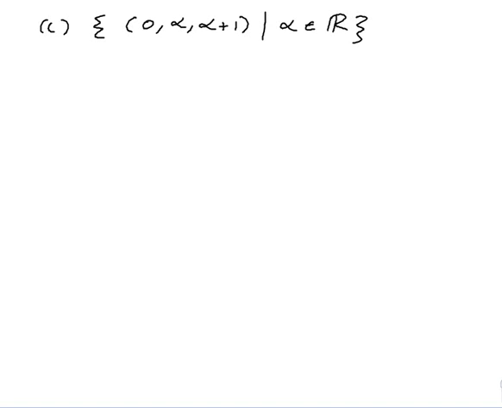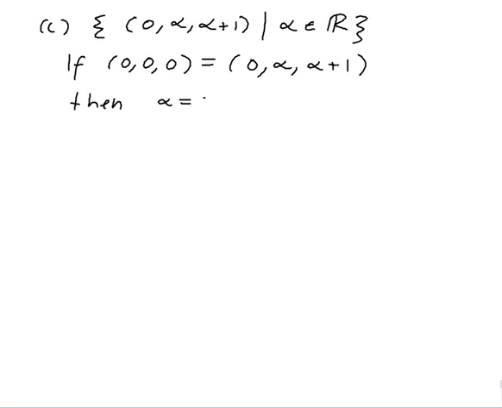Well, let's just see if the 0 vector's in there. The only way to do that is to attempt to write it as 0, alpha, alpha plus 1. So if 0, 0, 0 is equal to 0, alpha, alpha plus 1, then 0 equals 0 for the first coordinate, 0 equals alpha for the second coordinate, and 0 equals alpha plus 1 for the third coordinate.